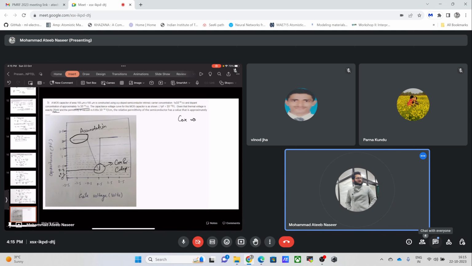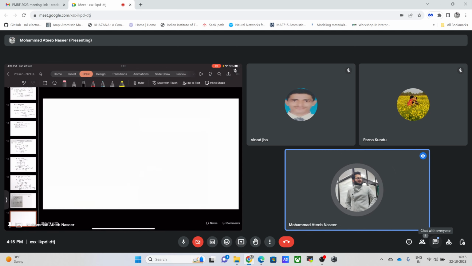So now we have this Cox is simply 2 picofarad, we found out, and the C effective at the onset of inversion is 0.3 picofarad. Let's not be more specific into this, and let's say that this is the effective capacitance particular to that value.